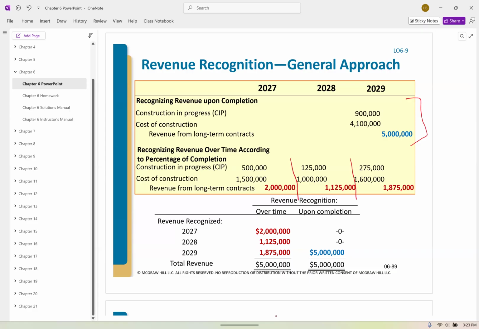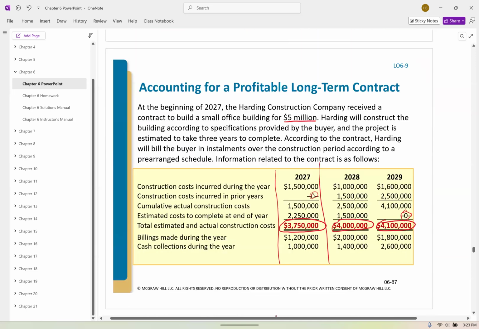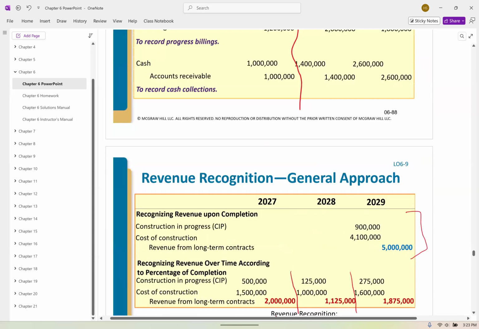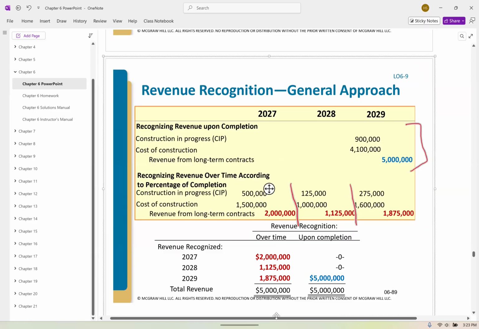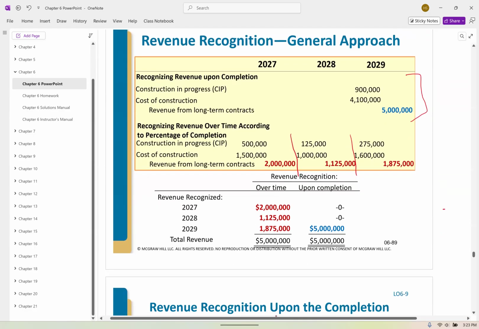For the first year, I don't think they told us the percentages. They just told us these. I don't think they gave us enough information there.